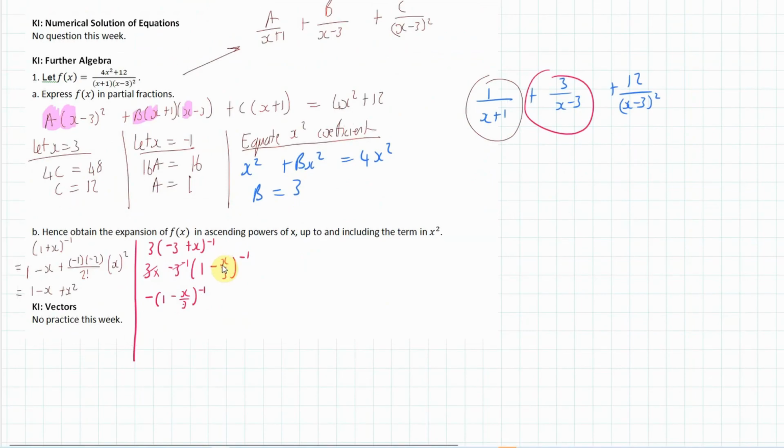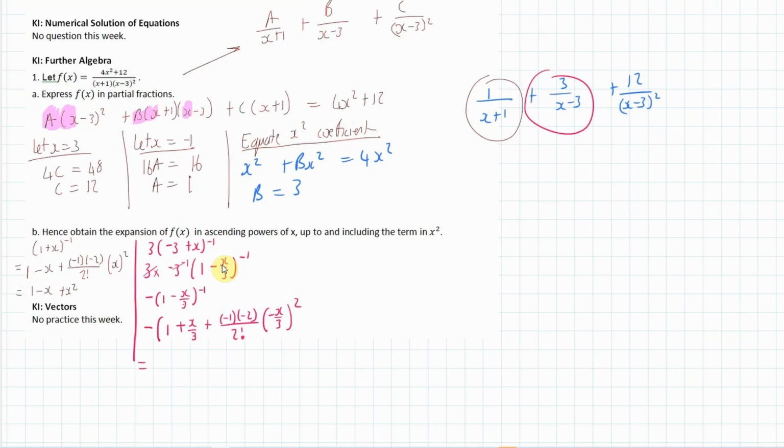Okay, so the next little bit will be negative, and then I will expand. So I get 1 plus x over 3, because it would be -1 times minus x over 3, plus, and then we've got -1 times -2 all over 2 factorial into negative x over 3 all squared.